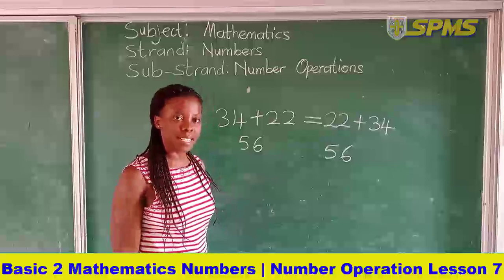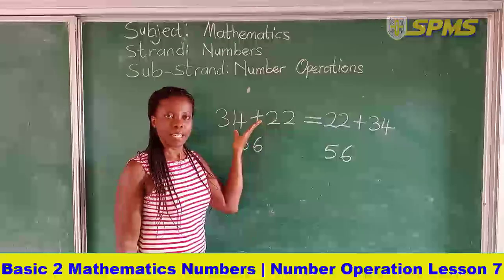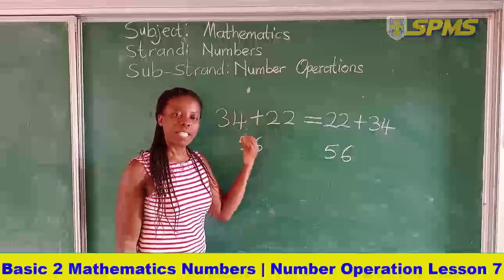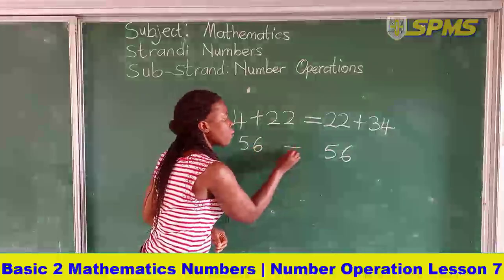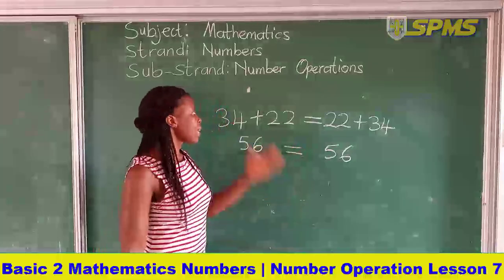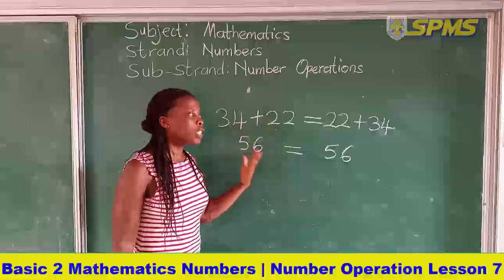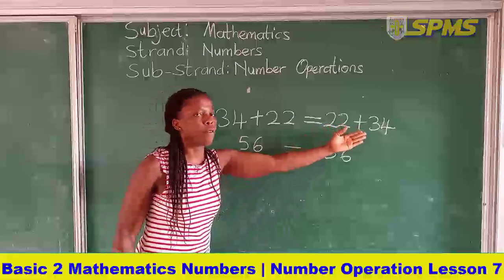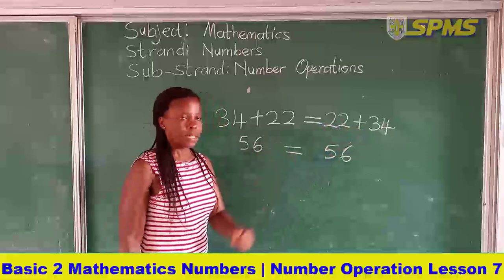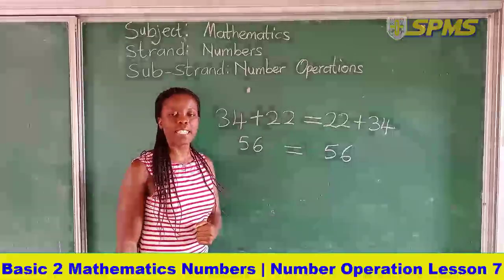So that means commutative property in addition brings about the same sum. So I can put an equal sign here, meaning 34 plus 22 will give you 56. And when you put the addends in a reverse manner, 22 plus 34, you will still get 56.